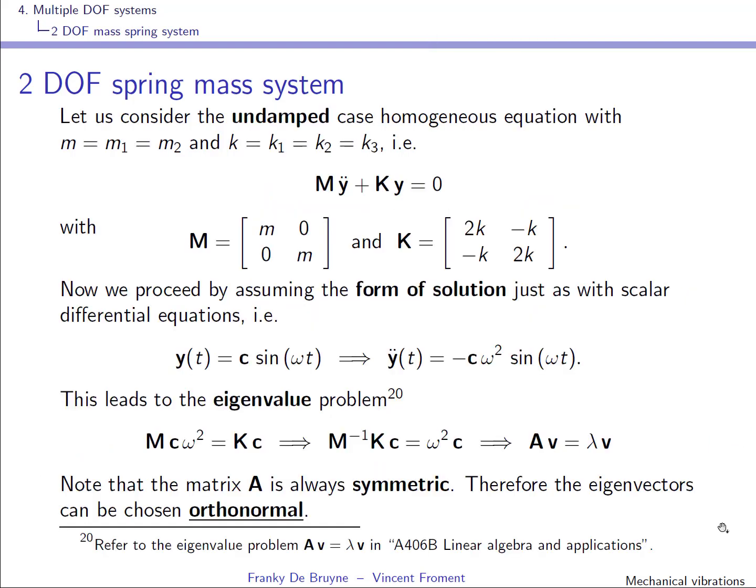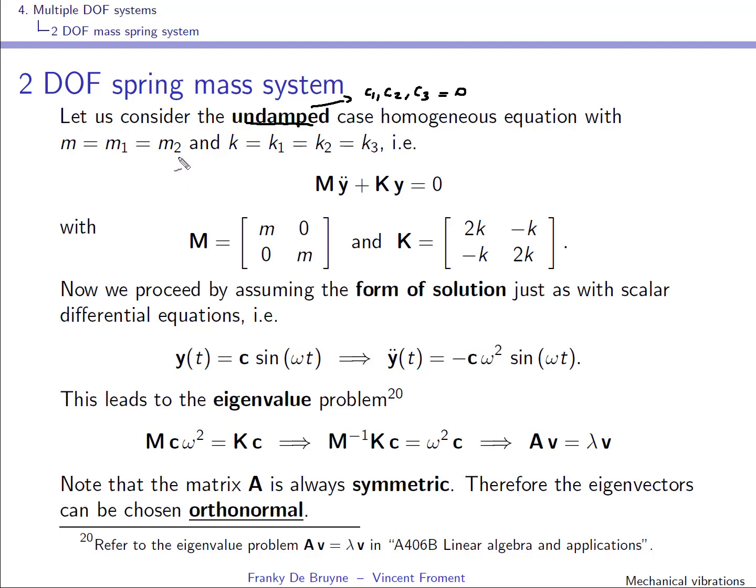Well, we'll now have a look at the solution in the time domain of this type of system, a 2 degree of freedom spring mass system, but we'll simplify things. So we'll take the undamped case, so this means that C1, C2 and C3 are equal to 0.